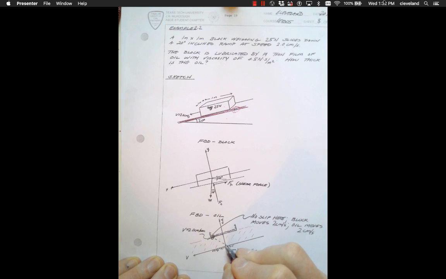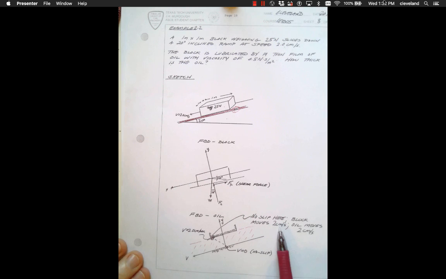Same is true at this location. But because the block is sliding down, that point has to have non-zero velocity relative to the inclined plane. That's an important observation.